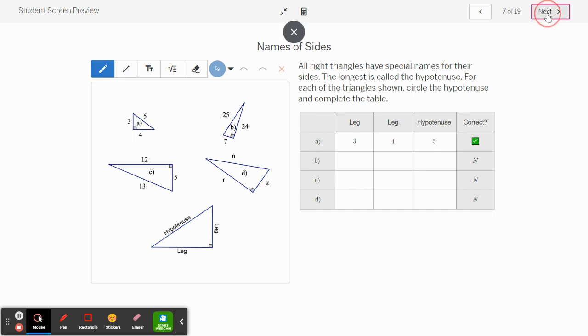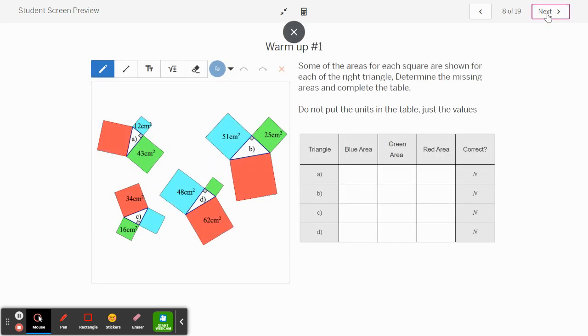Okay, let's see if there's anything else in here I need to explain. So here, notice they gave you the area. On here, you're trying to figure out the blue area, the green area, and the red area. Oh, that's it. But notice they already gave you the area. So for the blue area on A, the blue area here is just 12.